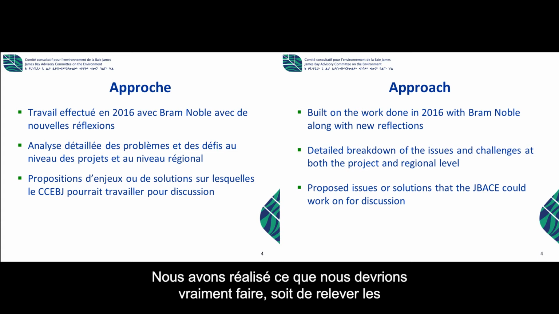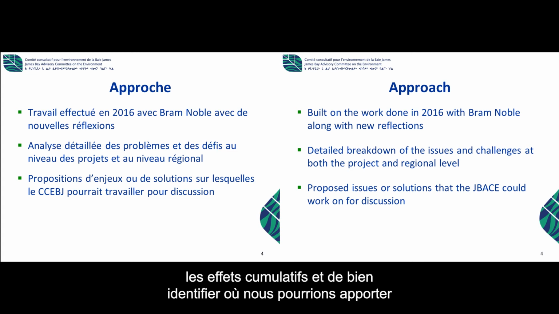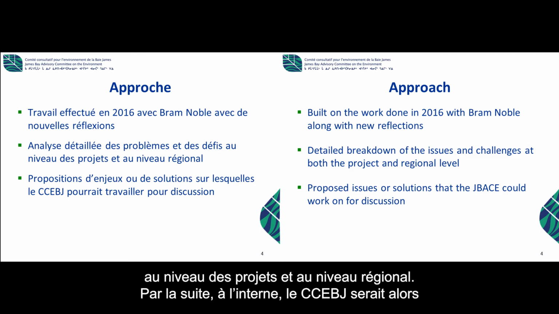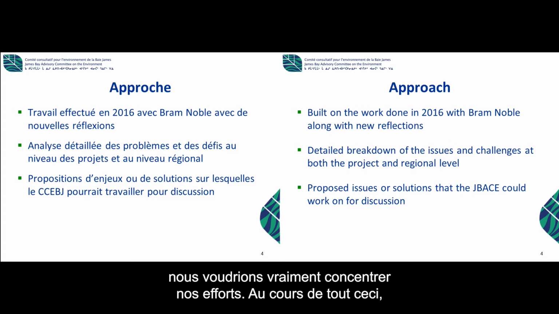And we realized that what we need to do is really pick apart the problems that contribute to our ability to assess and then manage cumulative effects, and really identify where we can bring solutions or ameliorative recommendations, basically at both the project and regional level. And then from there, internally, the JBase would be able to make a sober identification or targeting of where we want to really put our efforts.